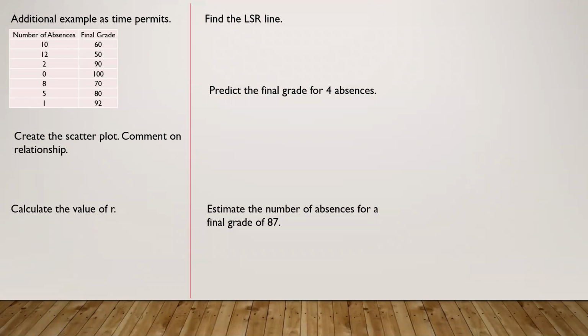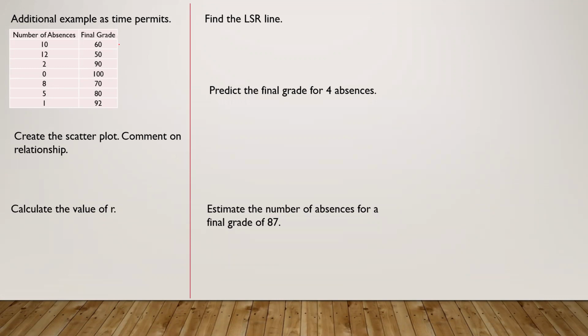So now to go back to this. You have this table of data here, and it looks like I have 2 variables: the number of absences and the student's final grade. Just imagine that I looked back at students at the end of the semester and asked, how many absences did you have? What is your final grade?